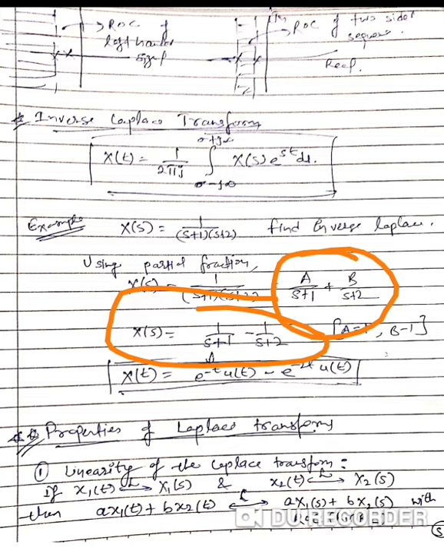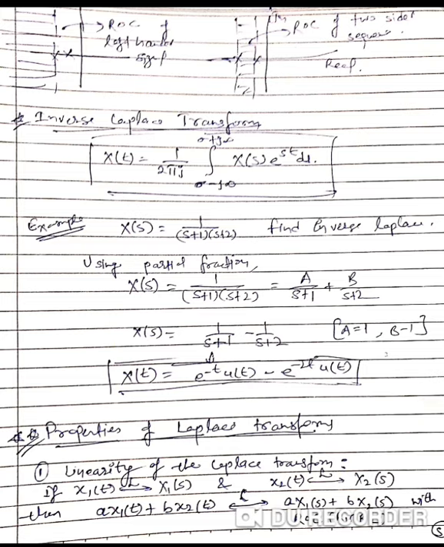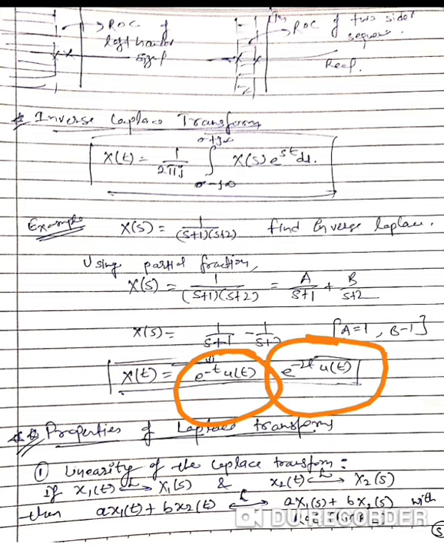As we have already seen, the Laplace transform of e raised to power minus at ut comes out to be 1 upon s plus a. So for 1 upon s plus 1, the inverse Laplace transform will be e raised to power minus t ut, and for 1 upon s plus 2 it will be e raised to power minus 2t ut.